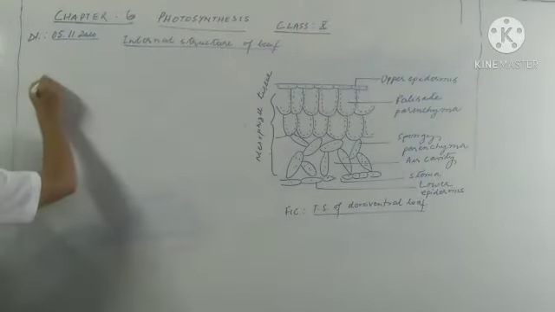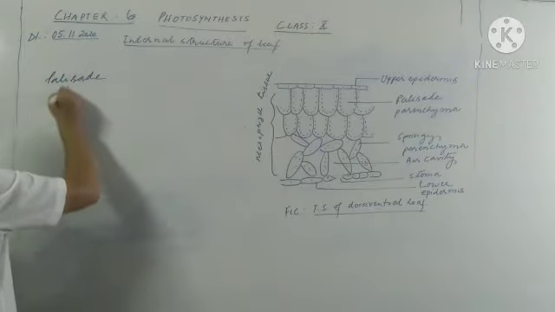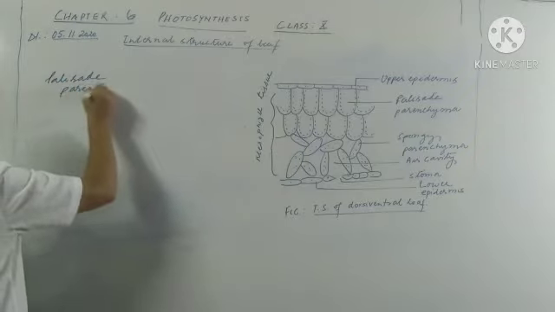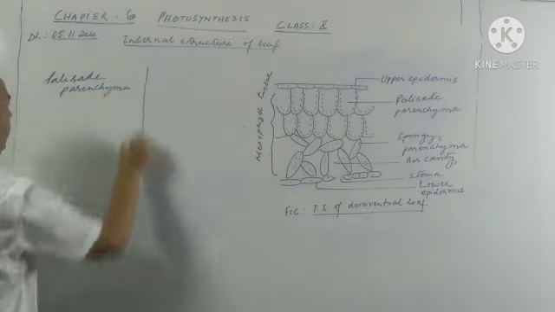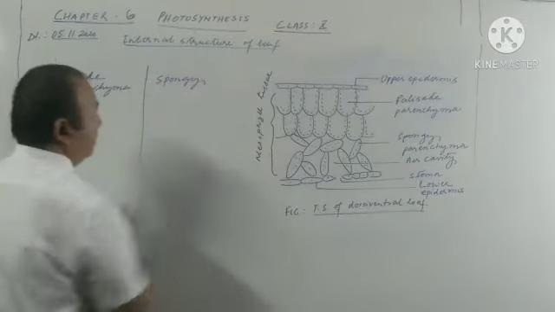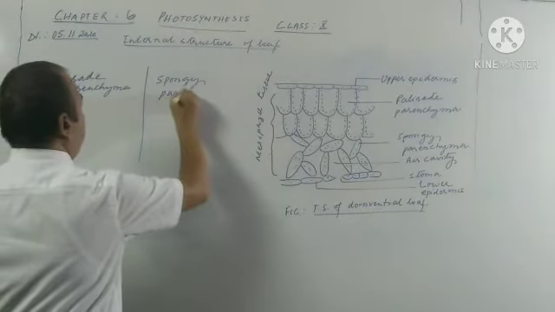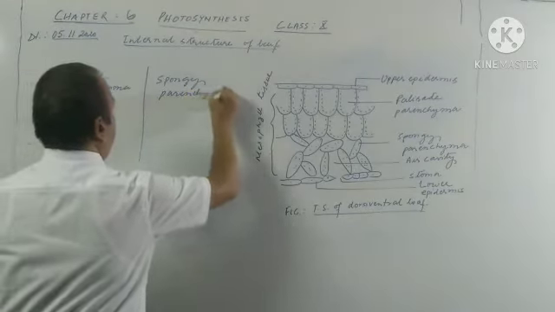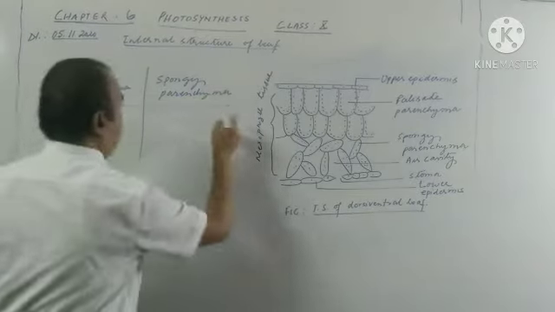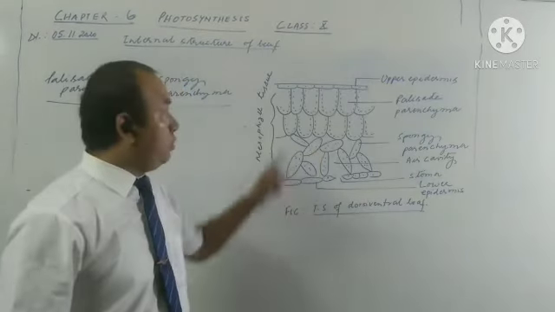Palisade parenchyma, and then spongy parenchyma. The difference you can be asked in the examination, so you must understand this topic also. Okay, you can see in the figure that palisade parenchyma are present close to the upper epidermis.